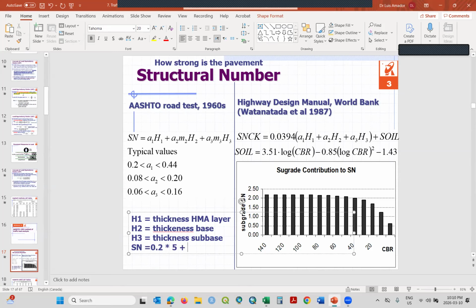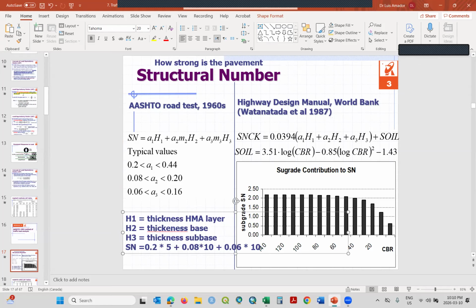And then let's go for the base. The base, let's take the lower value, 0.08, and let's imagine the base is maybe 10 inches, okay? And then the subbase, 0.06, and let's imagine is also 10 inches, okay?